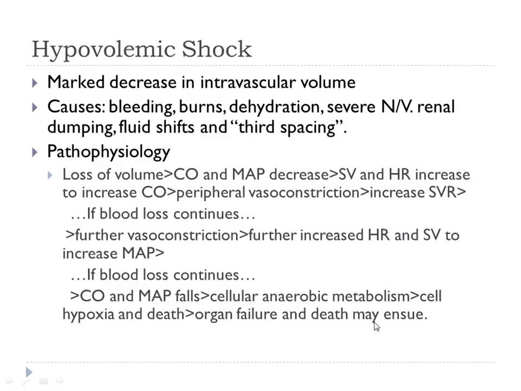Also, the way that our body compensates is by causing vasoconstriction. Right? So our adrenal glands will release some epinephrine, and that does all of these things: vasoconstriction, increased contractility, increased heart rate. And that peripheral vasoconstriction causes increased systemic vascular resistance. Does that make sense?